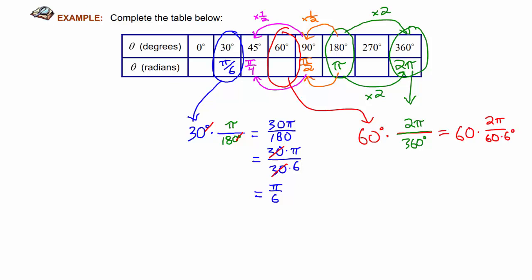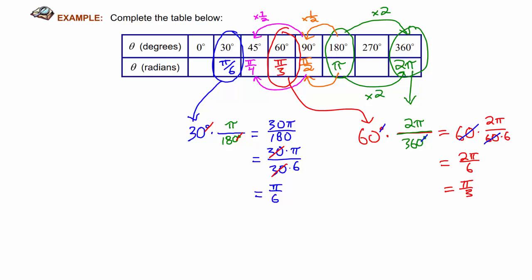Our degrees actually have already canceled. And now we can cancel our 60s and get 2 pi over 6, which reduces to pi over 3. Pi over 3.